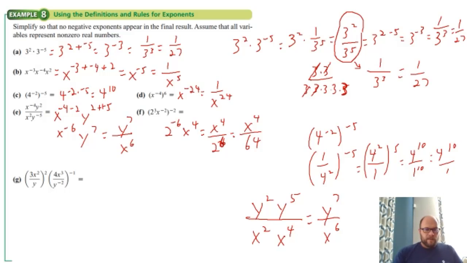All right, last one, and then the assignment. So we have 3x squared over y to the 2nd power, 4x to the 3rd over y minus 2, all raised to the -1 power. So again, lots of different things we can do. I'm going to go ahead and take care of the exponents on the outside first.